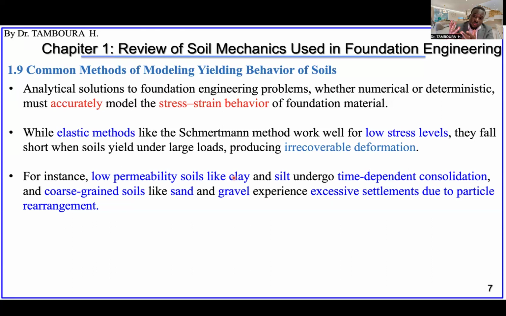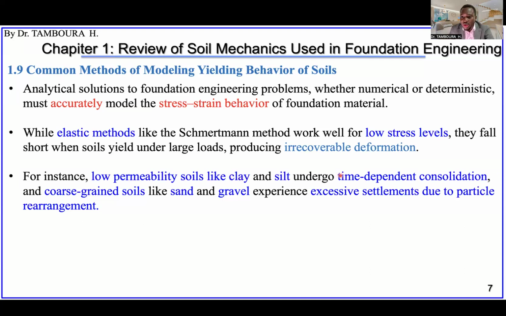Because, for example, if you take a duster and you put water, if you push on that duster, the water will escape, right? So when you build on a clay layer, the water inside that clay will take longer to get out. If it was sand, that is very fast, quickly it will go out. But for clay, it takes longer.